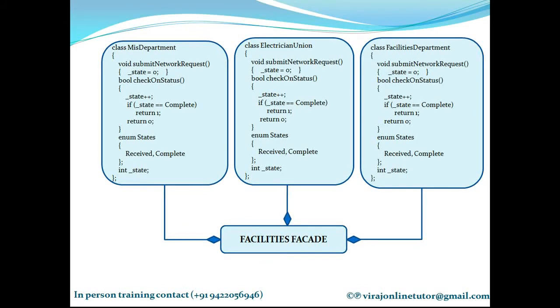The opaque facade is one in which the clients can access the classes only through the facade. This is very important. In opaque, clients can access the classes which are in the subsystem only through the facade. Without the facade, they can't access them directly. That's an opaque facade.